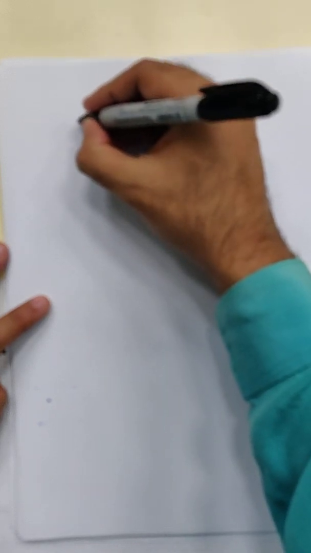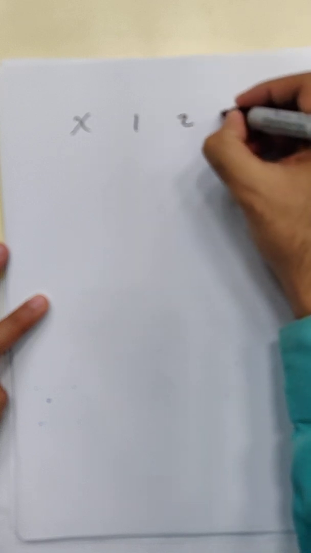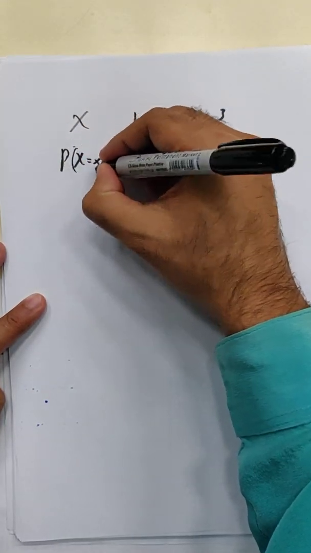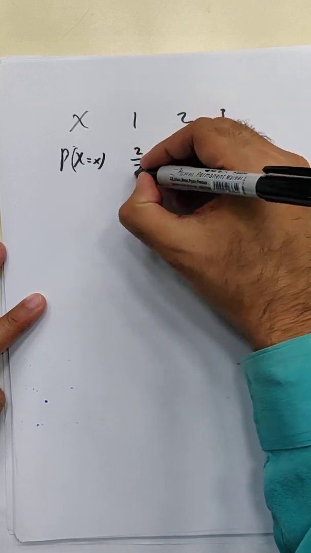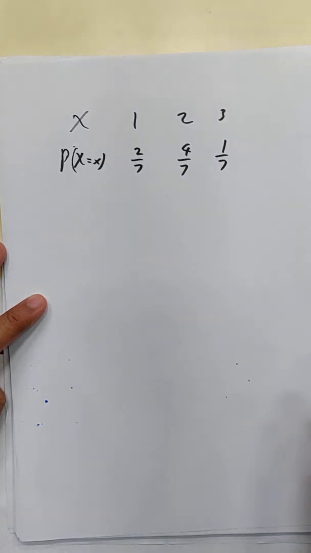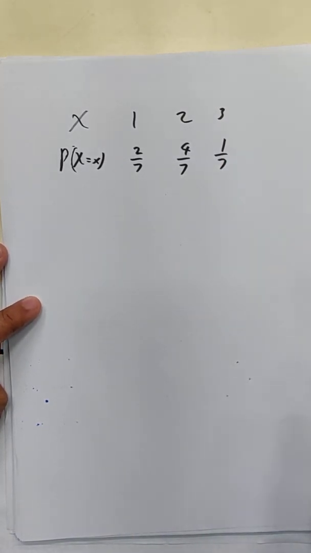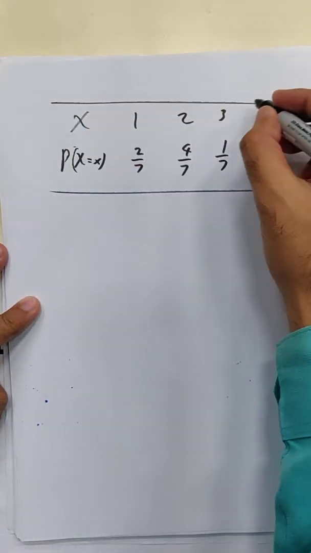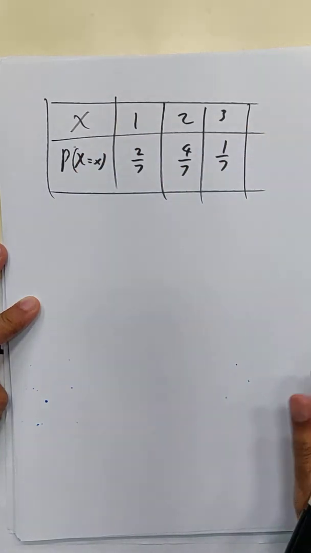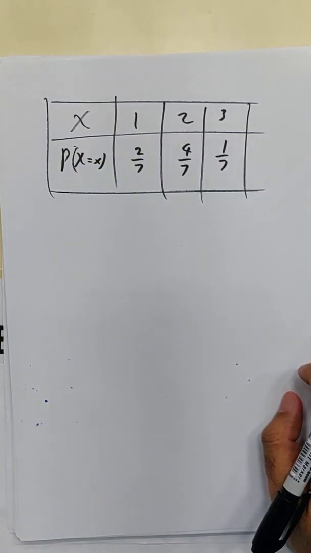Let's say I give you something like this. Right, how do you calculate the mean?